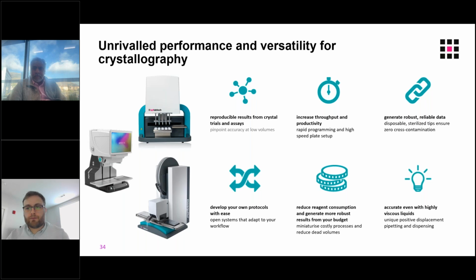Thank you. Next person asks, what applications can these instruments be used for beyond crystallography? So that's a good question. The Apricot S3 is extremely versatile for plate stamping, for serial dilution.